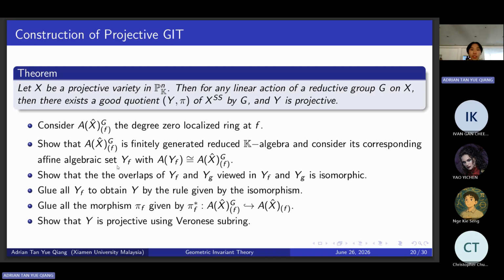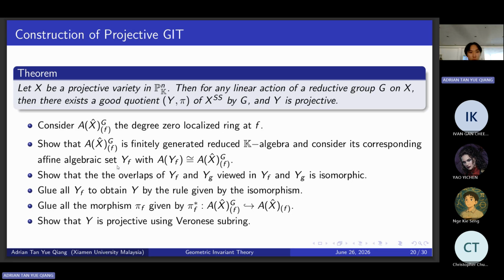And why is it that we see degree zero localizing here? To work with the coordinate ring of a distinguished open subset of a homogeneous polynomial of degree greater than one in a projective variety, it is isomorphic to the coordinate ring of the affine cone localized at f.